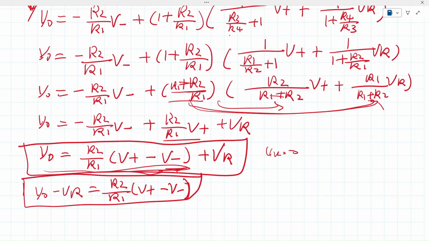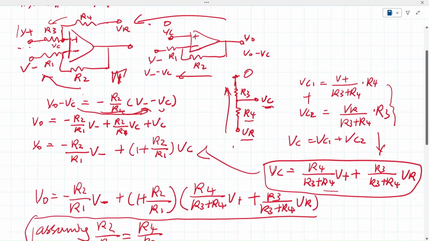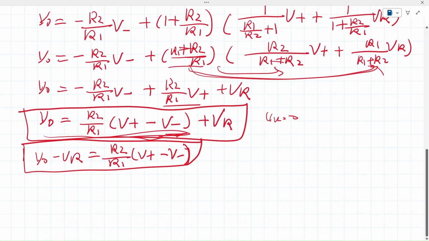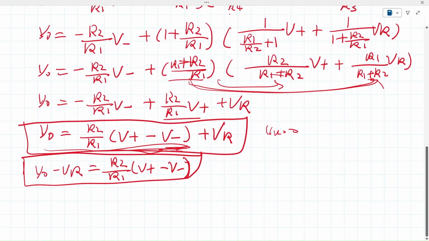Whenever you go back to those plots, the only difference when you add a virtual ground or reference voltage to this node is that the output is now with respect to this voltage VR, the reference voltage, and the rest is just the same.